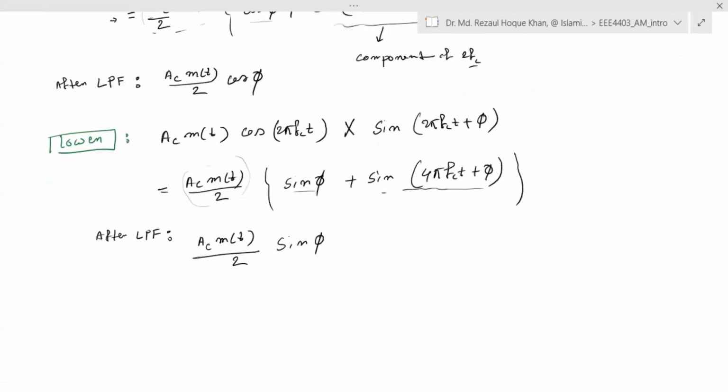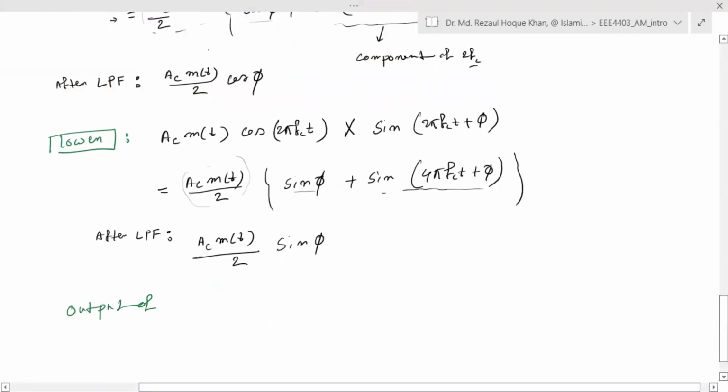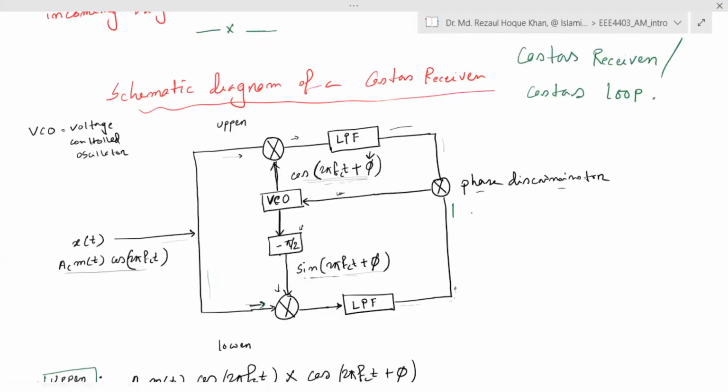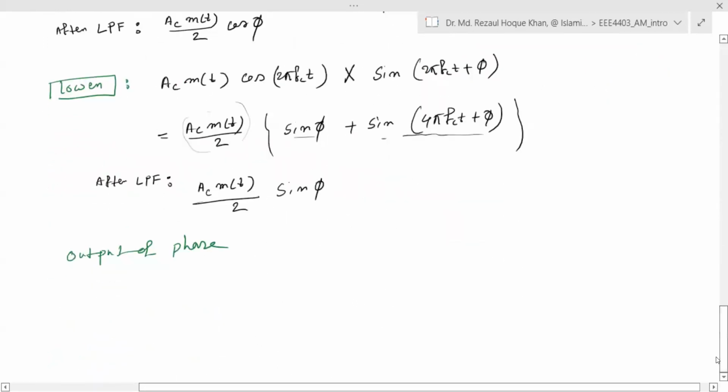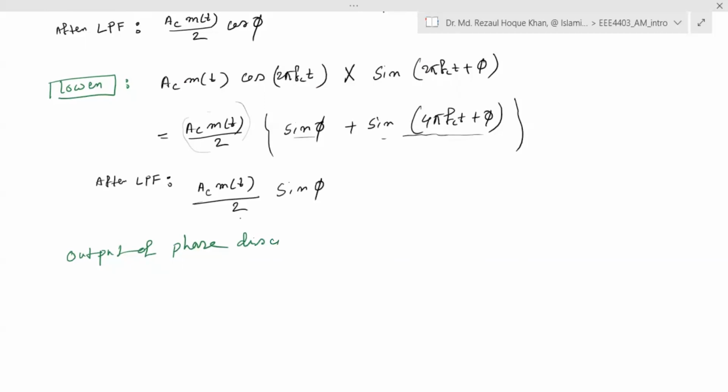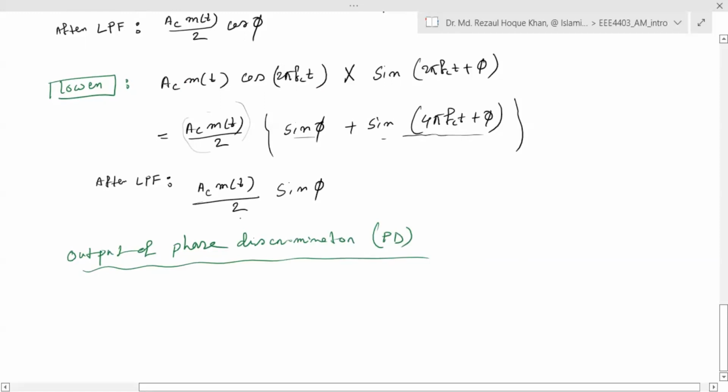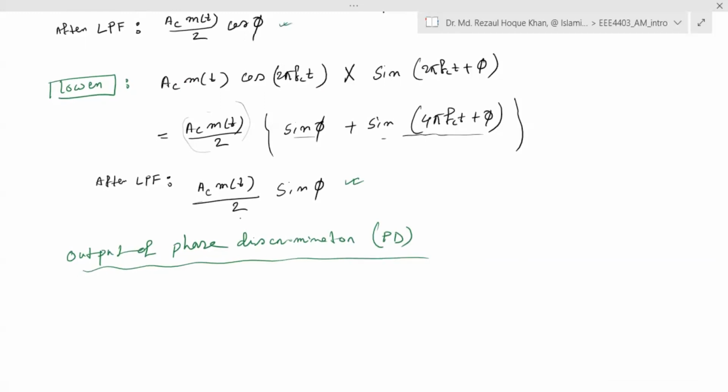So let's see what the output of the phase discriminator is. It is nothing but the multiplication of these two parts.